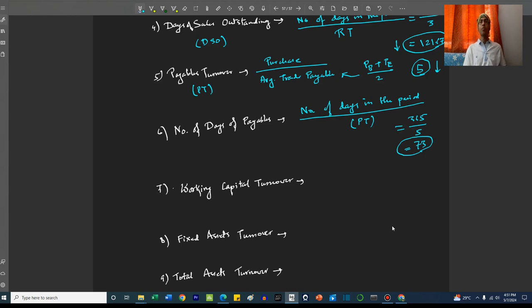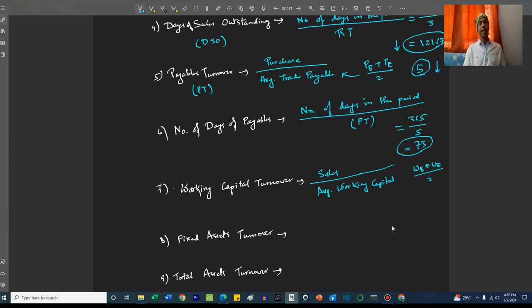Now we come to working capital turnover. This is basically the sales or revenue for a single period divided by the average working capital. The definition of average working capital, again guys, is basically working capital at the beginning of the period plus working capital at the end of the period divided by 2. Average of it, right?